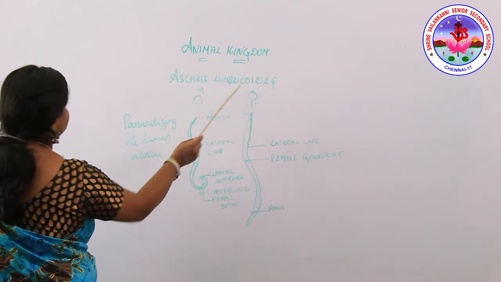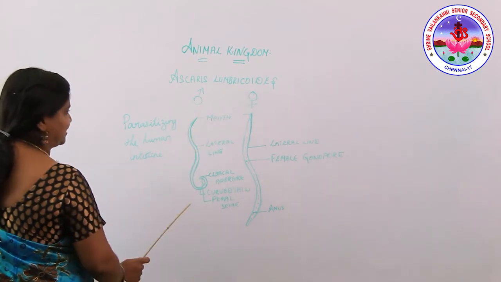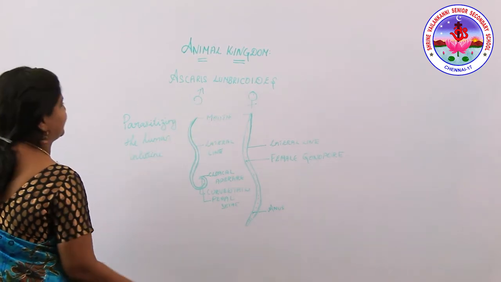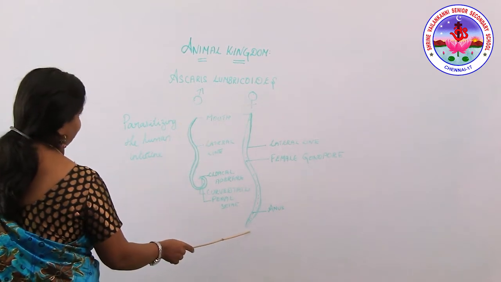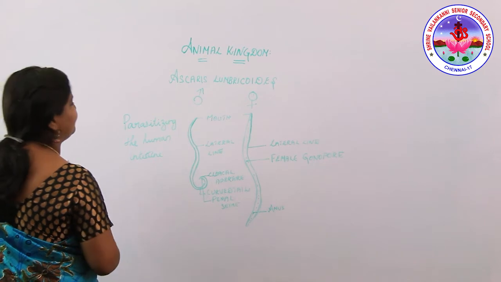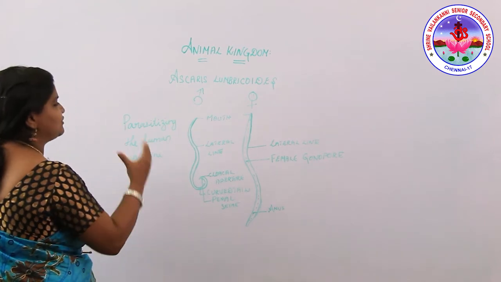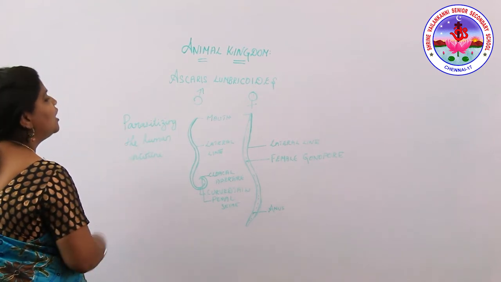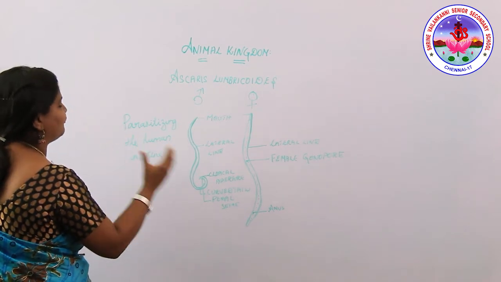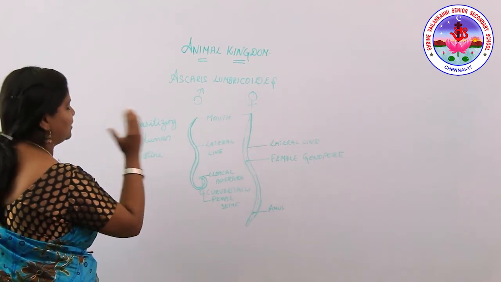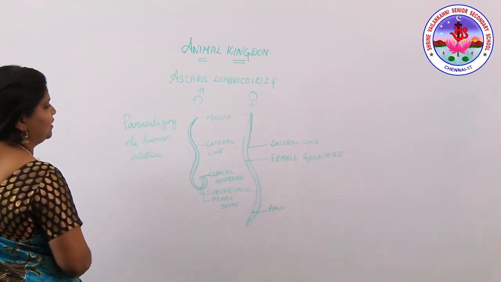Ascaris lumbricoides shows sexual dimorphism, that is, the sexes are separate. This one is male and this one is female. What is the difference? When you see the organism Ascaris, how do you identify whether it is male or female from the morphological structure?